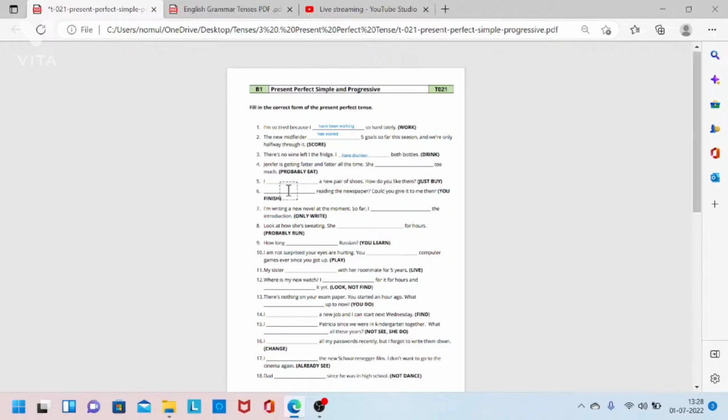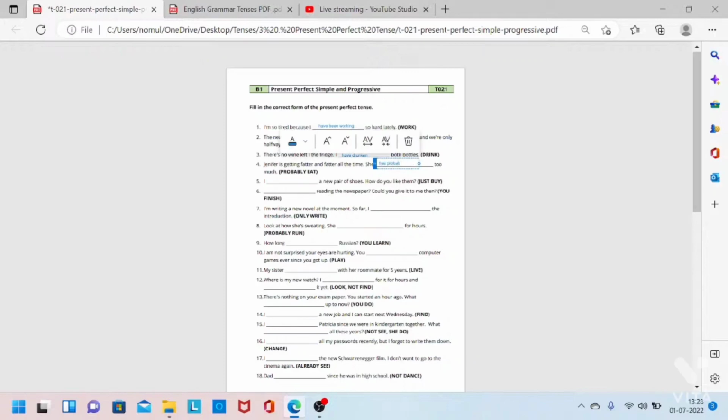Yes. So Jennifer, fourth one now. Jennifer is getting fatter and fatter all the time. She dash too much. Probably eating is the answer which we have to use here. So she has probably, isn't it?